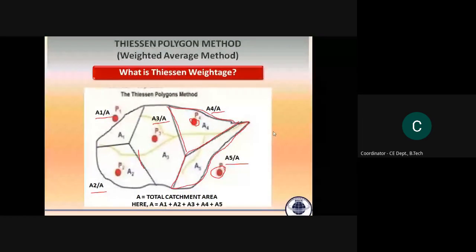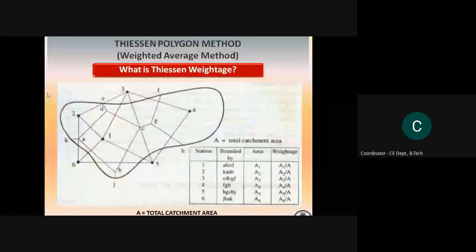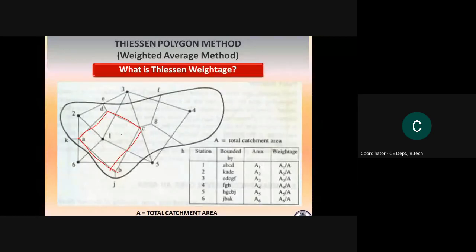Now, say for example, this is another example of a Thiessen polygon. For point 1, which polygon have we constructed? For point 1, this is the polygon area, A, B, C and D, so this is our A1.